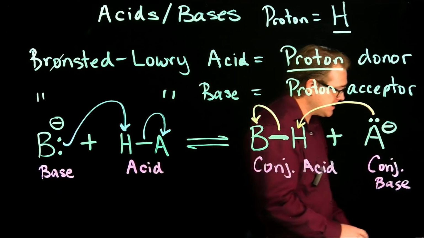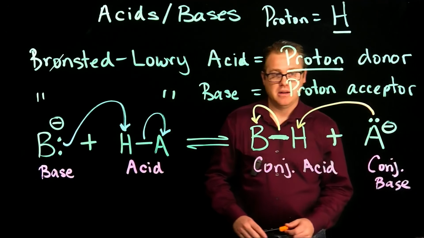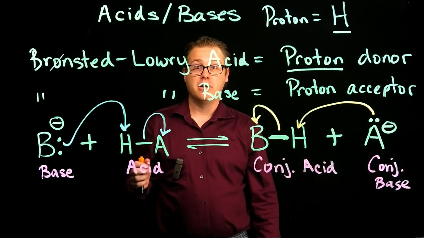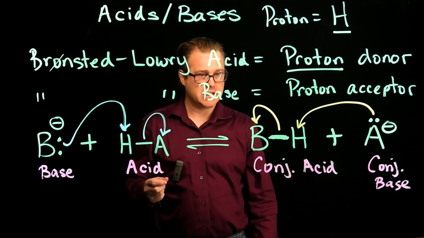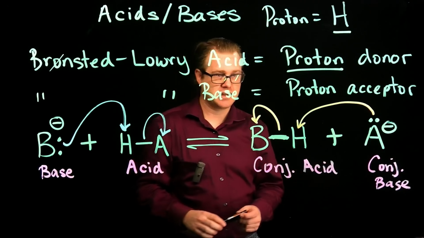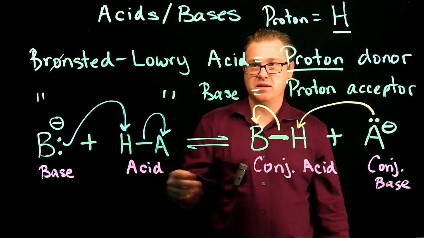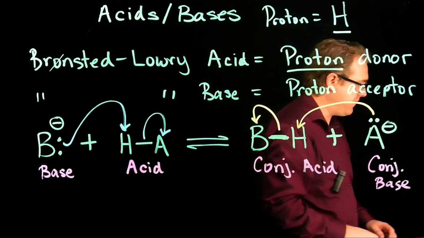Okay, so now let's take a look at using this general formula here, let's take a look at some actual acid-base reactions so you can see how the general mechanism applies to some real-life examples.